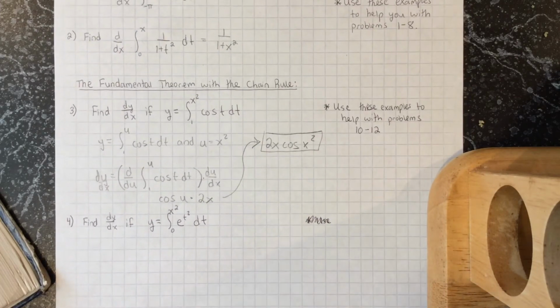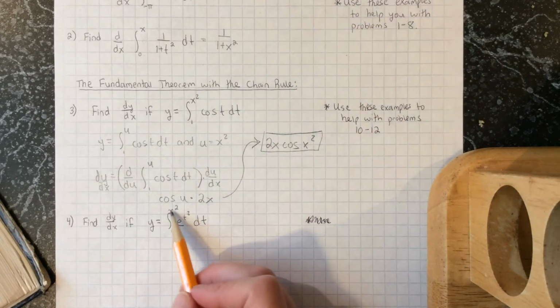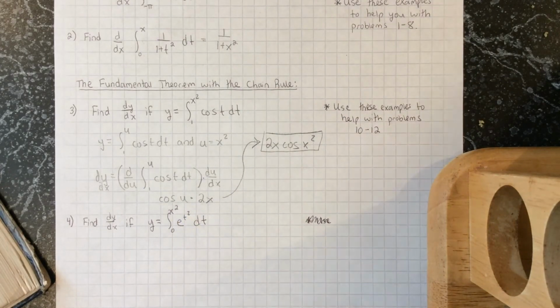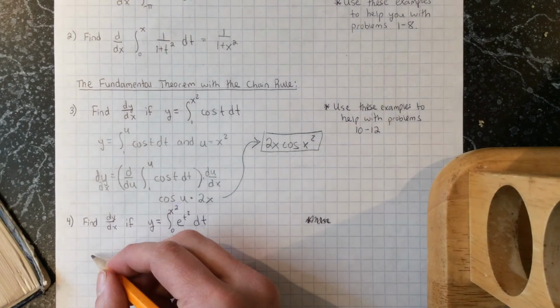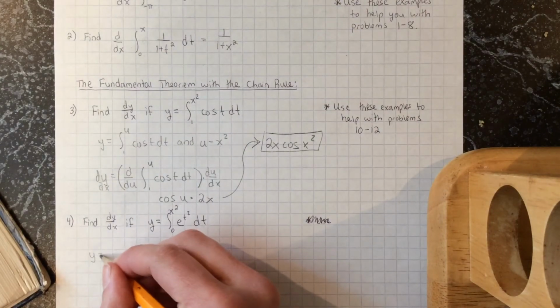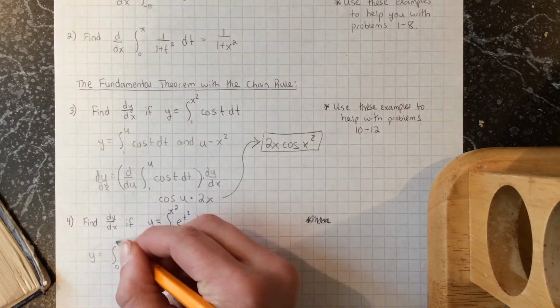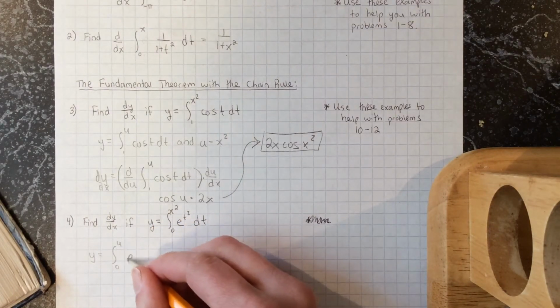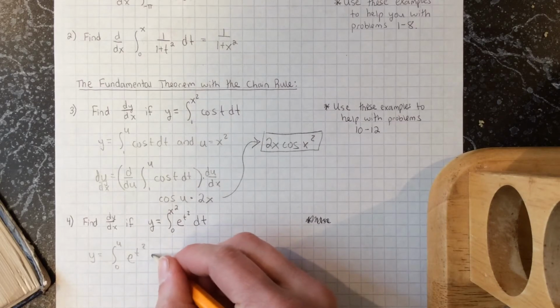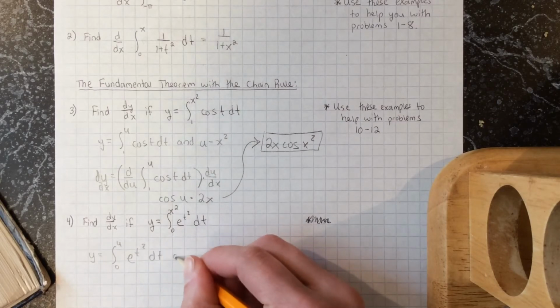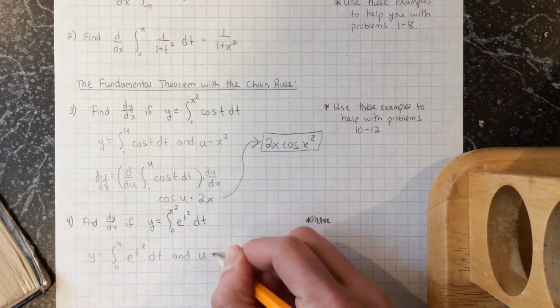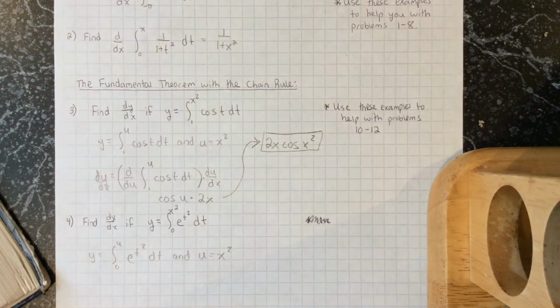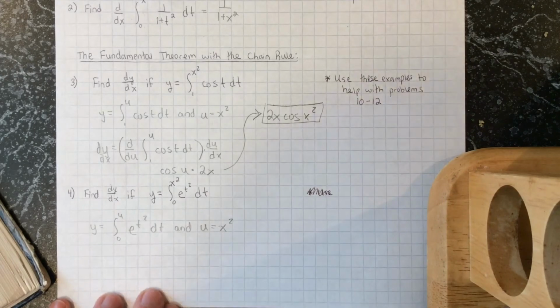Here's another example like that. So we have this function here, but our upper bound isn't just a single variable. So I'm going to change this to be y is equal to the integral from 0 to u of e to the t squared dt, replacing the x squared with u, and I'm going to state that u is equal to x squared, so you can see where that substitution came from.